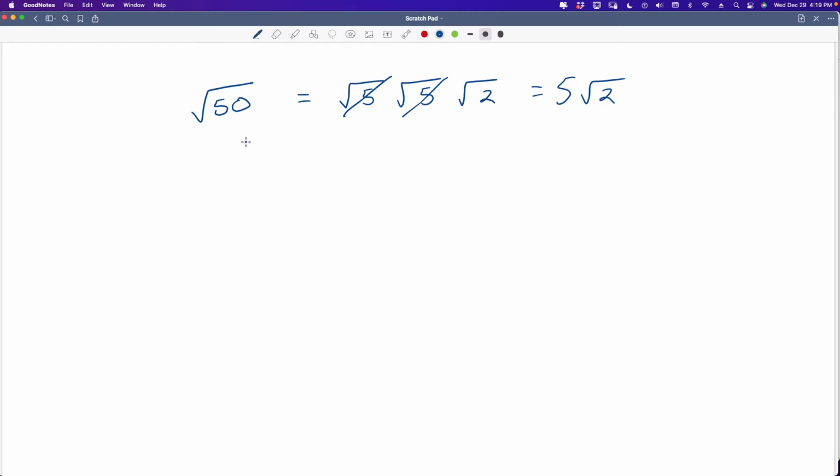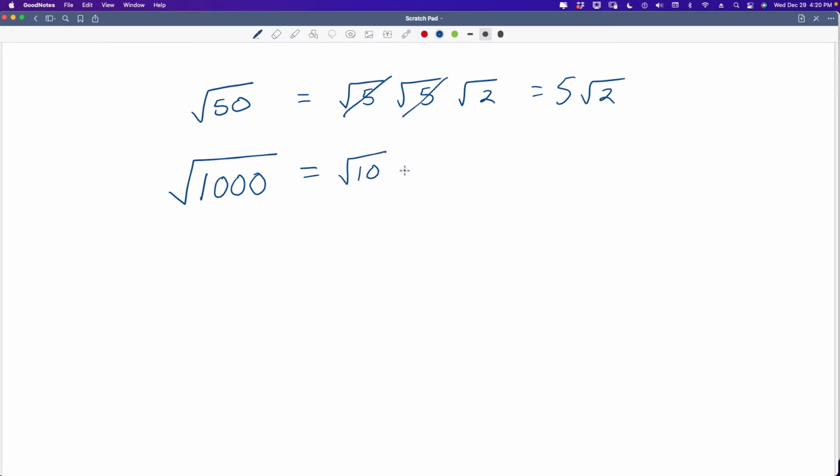So we're going to do the same method to bigger numbers. So for instance, let's say we had 1,000. We can see that it is going to be 10 cubed, right?